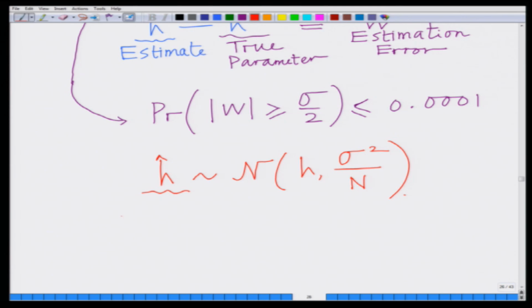Now if you look at w, from h hat you subtract h, which is the mean. Therefore, naturally this will become a 0 mean random variable. So, w is Gaussian distributed with mean 0 and variance sigma square divided by n.